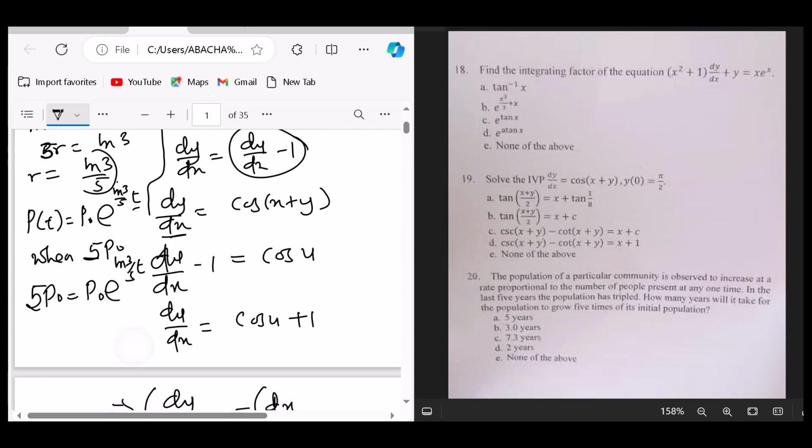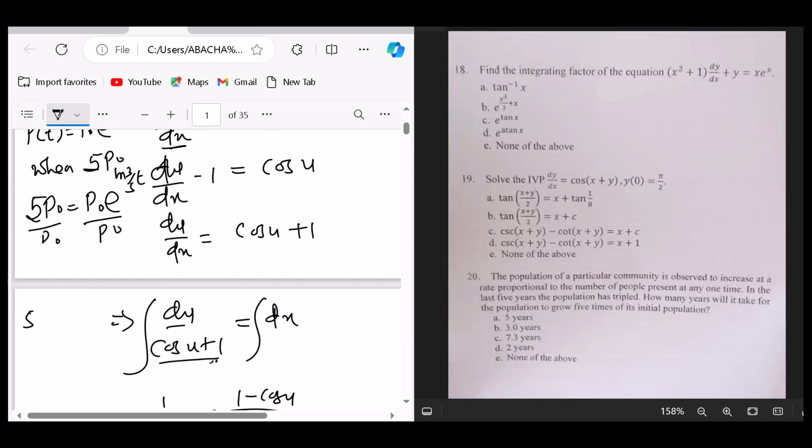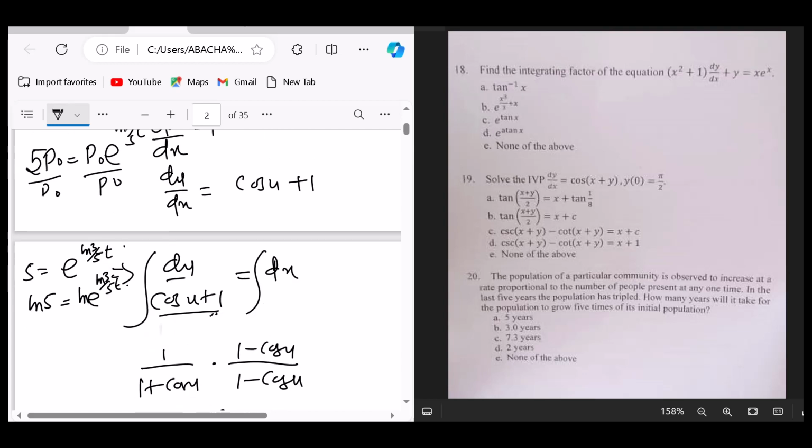And solving this, we divide by P naught first. So we have 5 equals e power (ln 3 over 5) t. Taking ln, ln 5 is equal to ln e power (ln 3 over 5) t, like this.